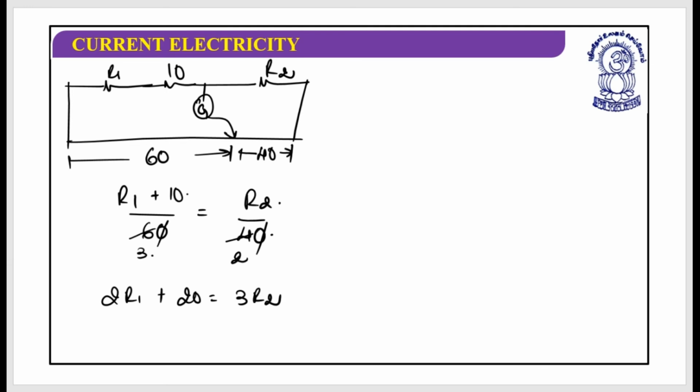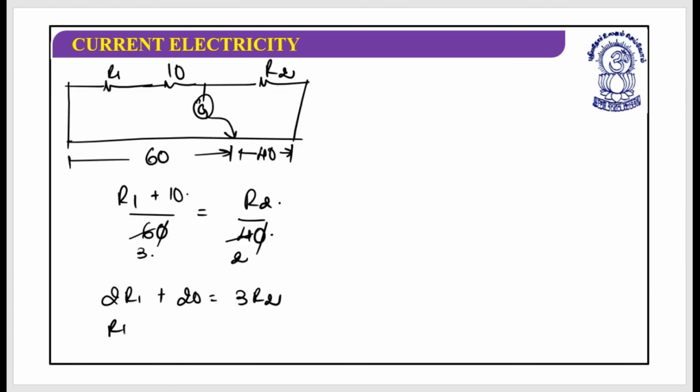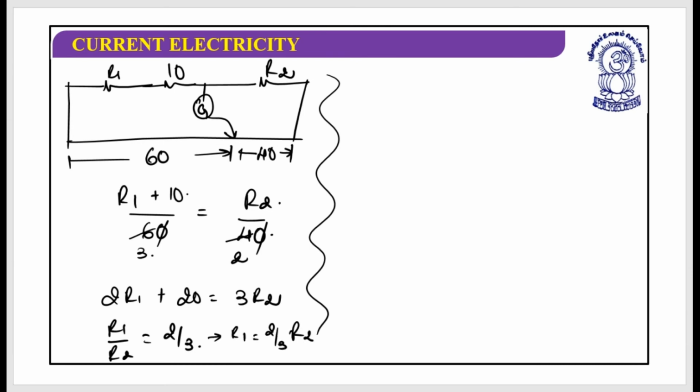Yes, I also have the relation R1 by R2 should be 2 by 3. So let's replace the value of R1: R1 could be equal to 2 by 3 R2.